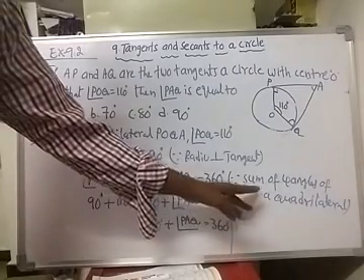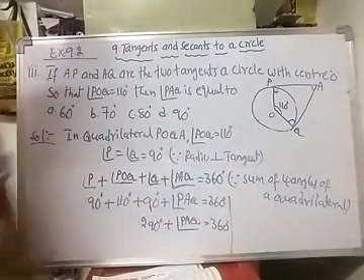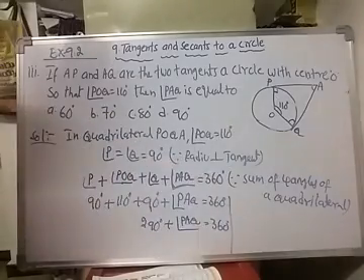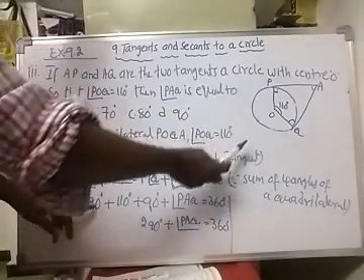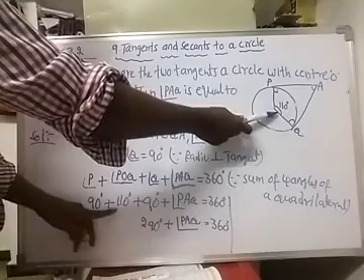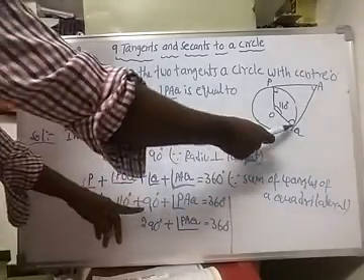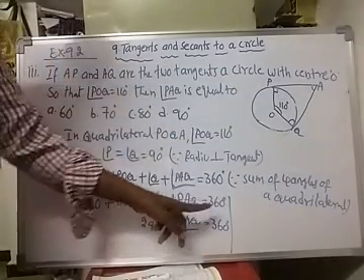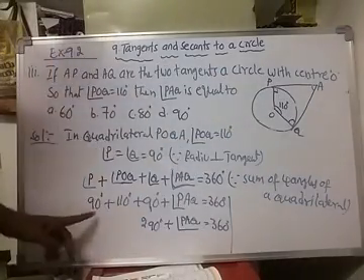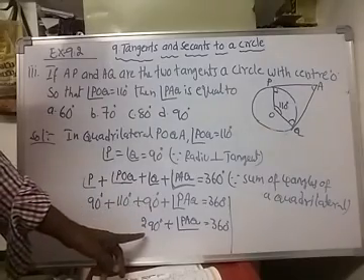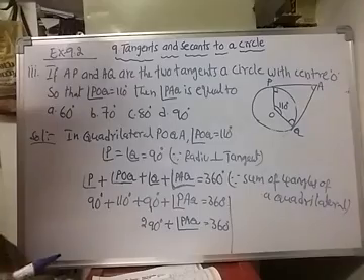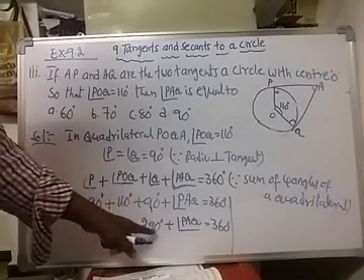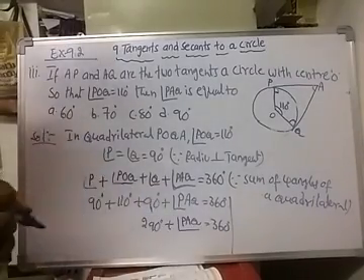We are finding angle PAQ. Here 90 plus 110 plus 90 is 290, so 290 plus angle PAQ equals 360 degrees.